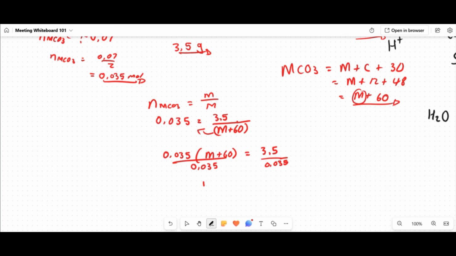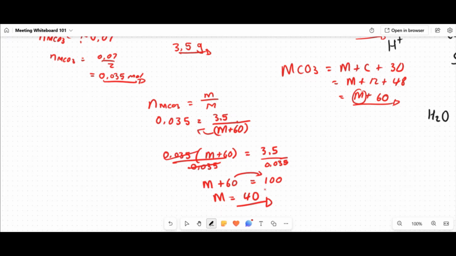And then I will be left with M plus 60 is equal to, what do you get this side? You're going to get 100. So now you can just transpose 60 to the other side, and then M is equal to 100 minus 60, which is simply 40. That is what you have.